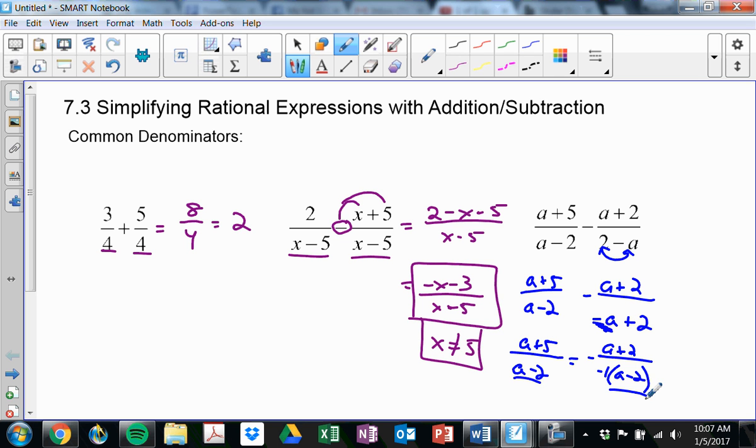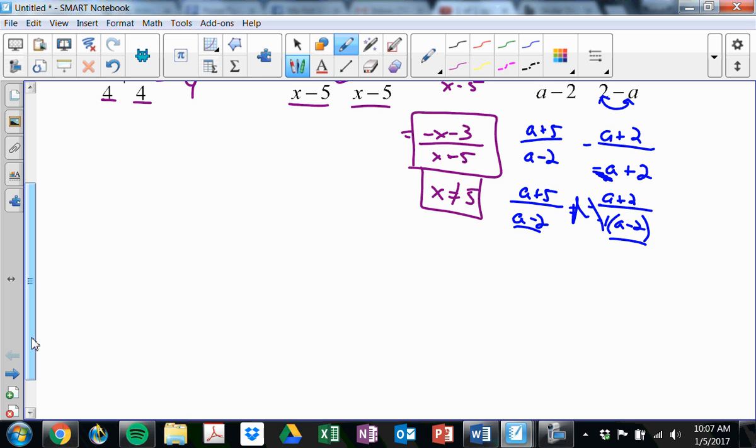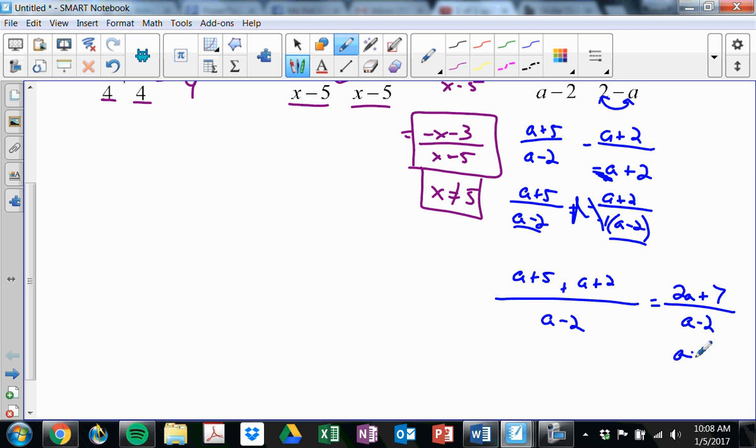And now these negatives can cancel, making all this a plus. And I get a plus 5 plus a plus 2 over a minus 2. Now a plus 5 plus a plus 2 is 2a plus 7. A minus 2 is still a minus 2. And I know that a cannot be 2.